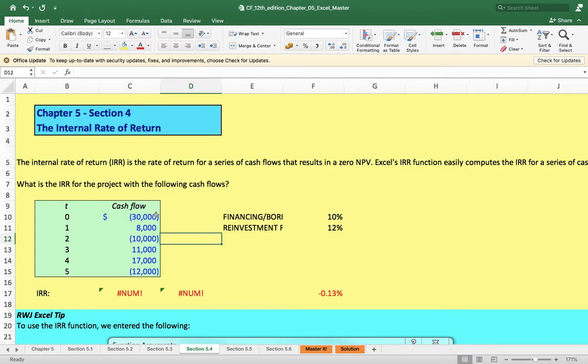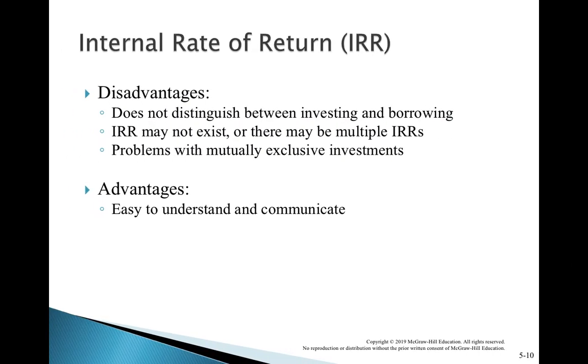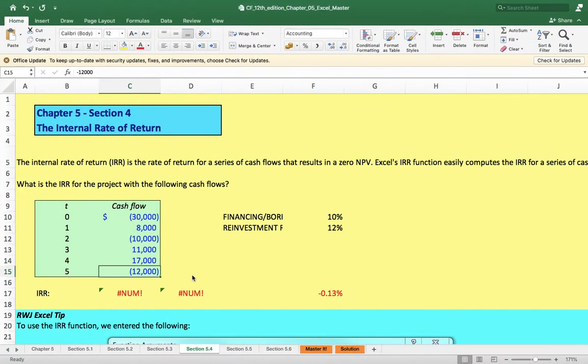With 3 outflows and 3 inflows. 8,000, 11,000, 17,000 are the inflows, 30,000 minus, 10,000 minus, 12,000 minus. So the outflows and inflows are in a zigzag, following each other, like first outflow, then inflow, then outflow, then inflow, outflow. In that case, there might not be any IRR. That's what the theory was saying: IRR may not exist, or there may be multiple IRRs. This is the disadvantage. But NPV is very clear.